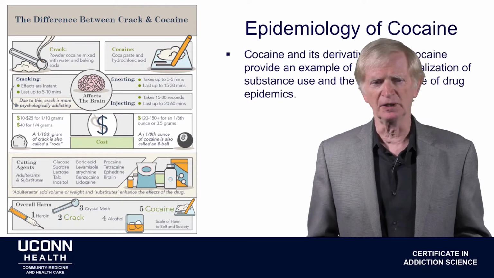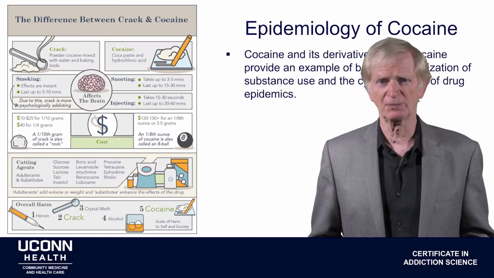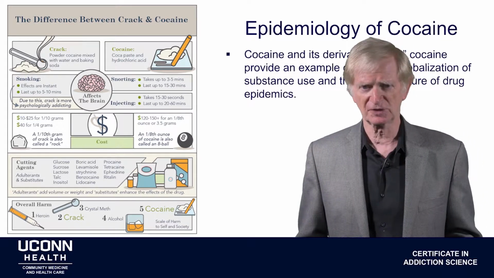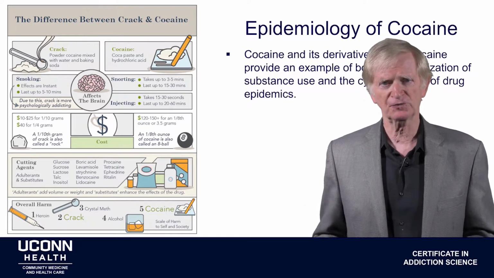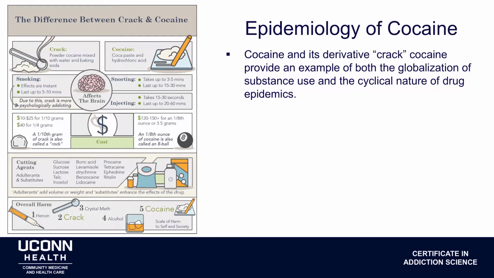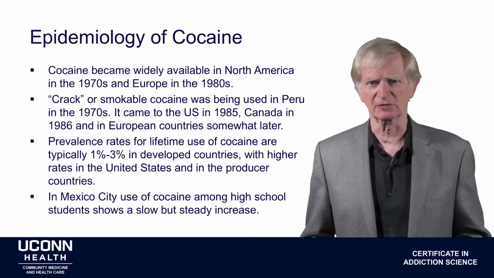But when it's refined into cocaine, its addictive properties increase substantially. And when it's further refined into crack cocaine, we get an example of a drug that is extremely reinforcing, but also extremely addictive, and can account for drug epidemics.